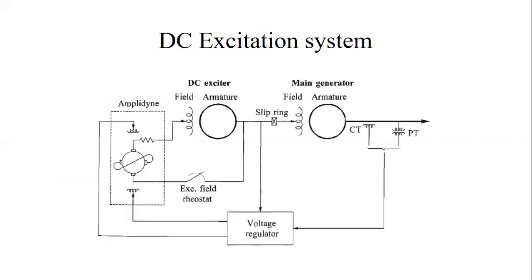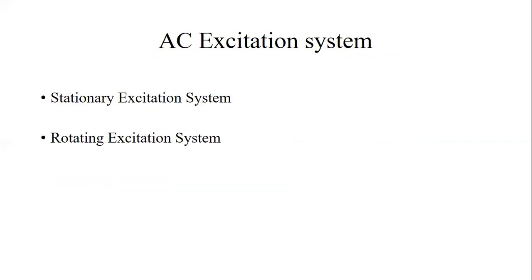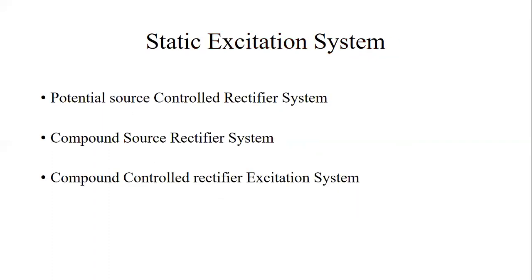And then after that we have seen different types and subcategorization of the AC excitation system. And now the modern trend is towards the static excitation system, where the use of static devices is very effective in such kind of excitation systems.